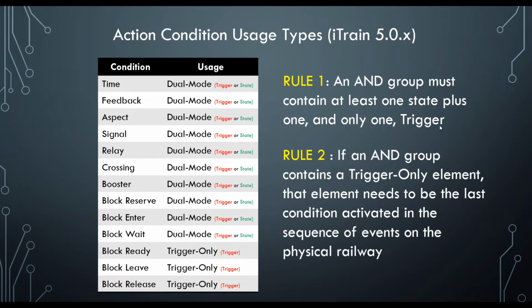That trigger can either be another dual mode element, which will automatically act as the trigger, or it can be a single trigger only element. Rule number 2 says if an AND group contains a trigger only element, that element needs to be the last condition activated in the sequence of events on the physical railway.